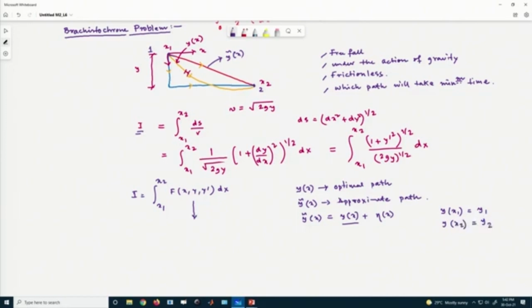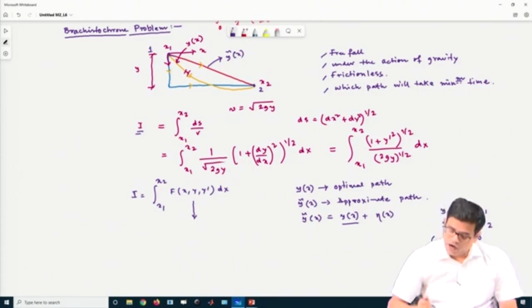Both of these we know. So at these two points, eta of x1 has to be 0 and eta of x2 has to be 0. So both of these have to be 0. So eta x will be such that this condition is fulfilled. This is called the admissibility criteria or the admissible function.